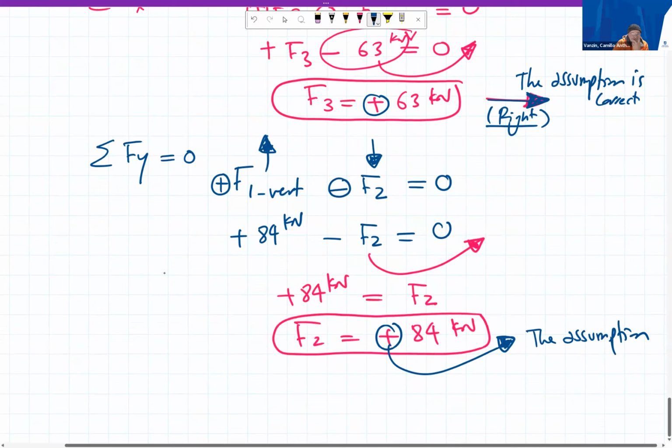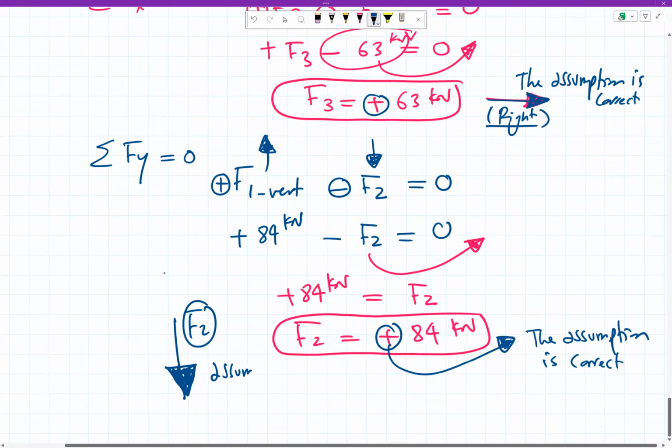What is our assumption? F2 was assumed downward, given in the problem. So when this comes out positive, it indicates that the assumption was correct, and the force is acting downward.